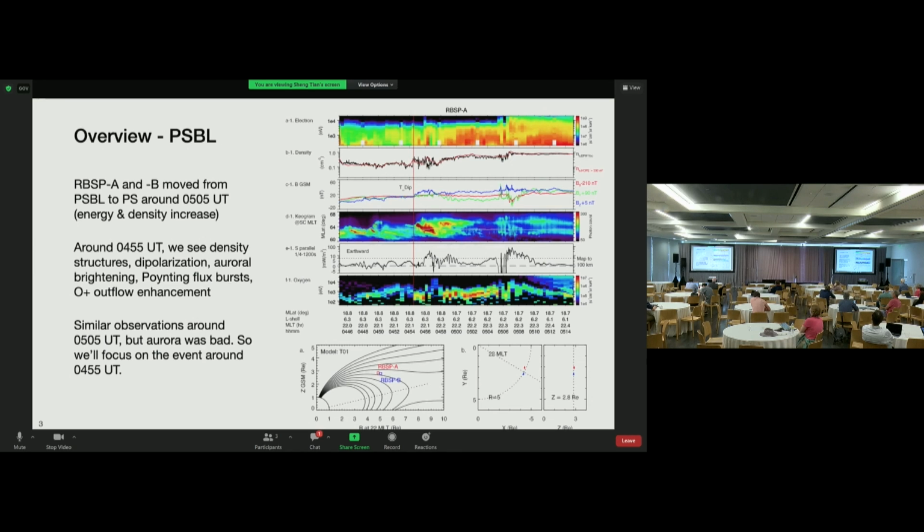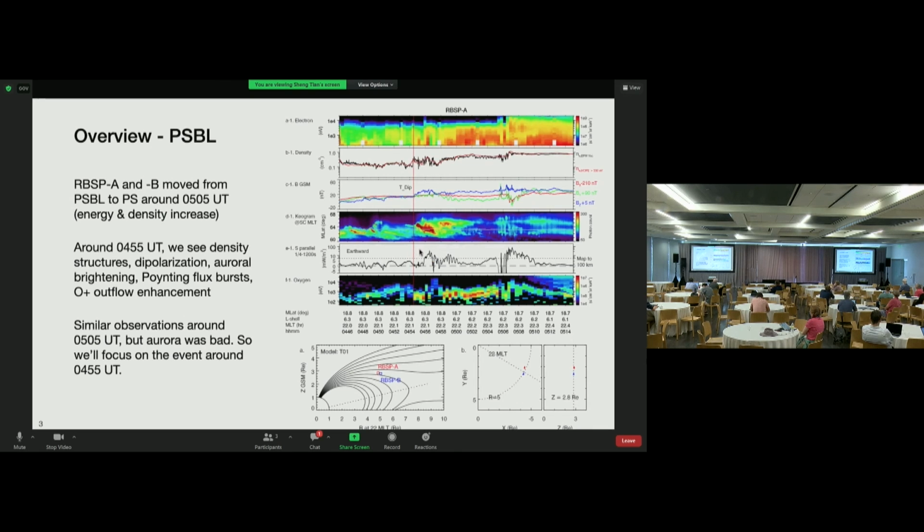Then we have an event marked by the vertical line, corresponding to some density structures and dipolarization. And panel D shows the keogram of aurora. It shows you how aurora move in latitude. We can see a clear brightening here that marks some auroral activity down in the ionosphere.